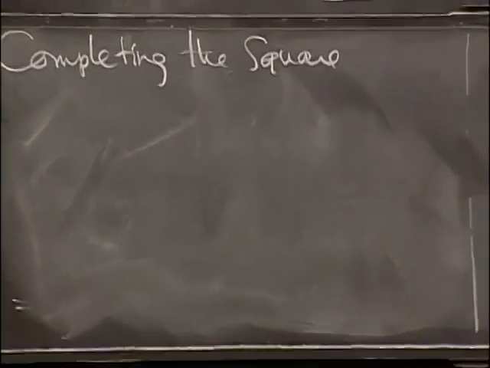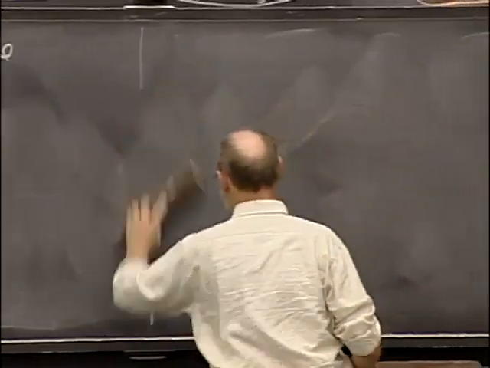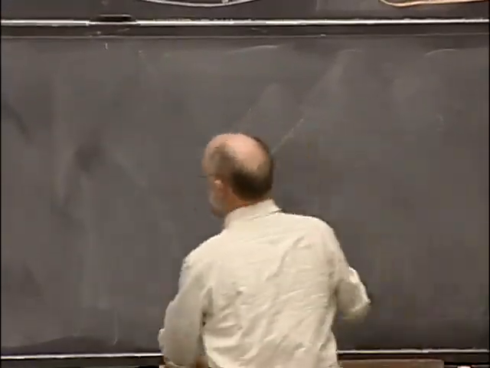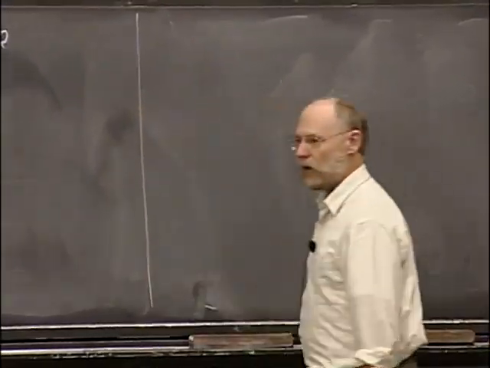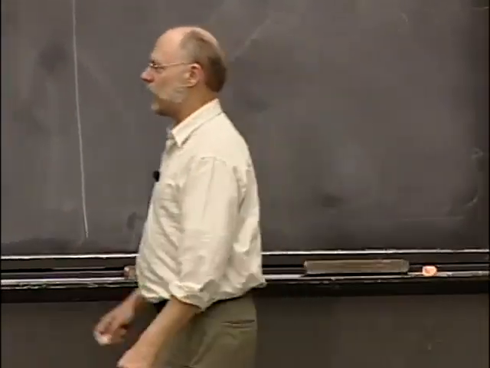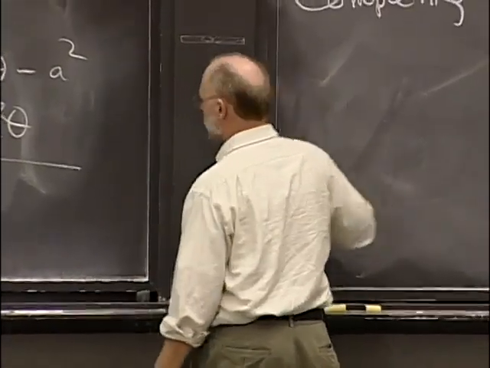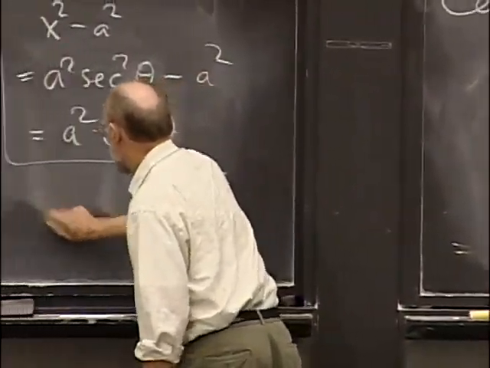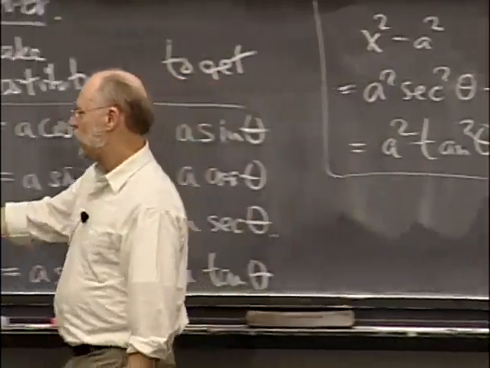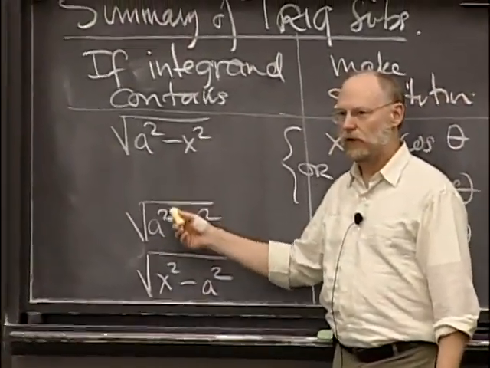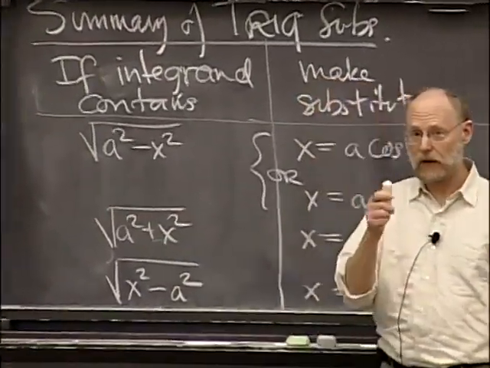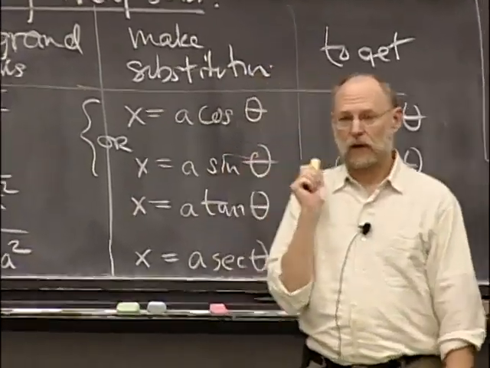And that comes in because, unfortunately, not every square root of a quadratic has such a simple form. You will often encounter things that are not just the square root of something simple, like one of these forms. Like there might be a middle term in there.